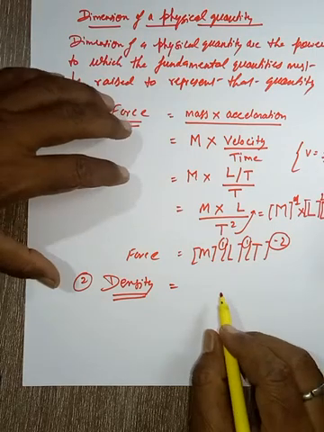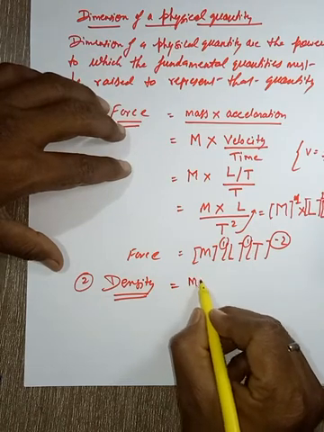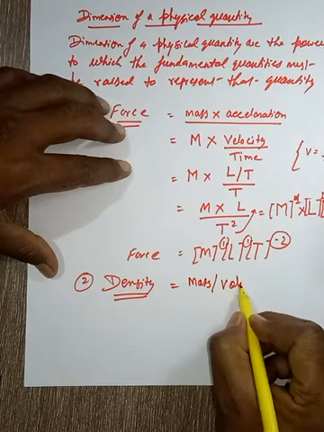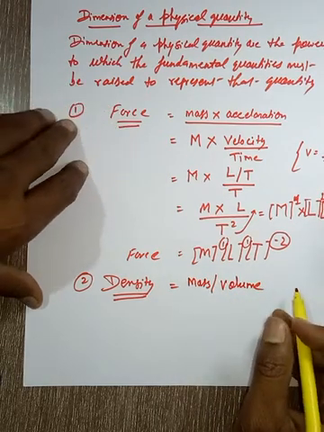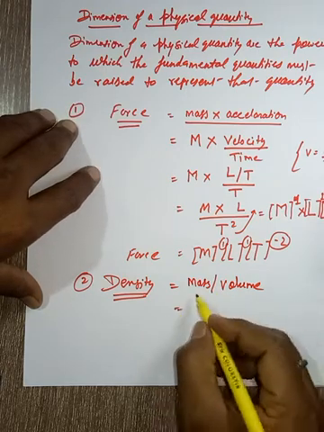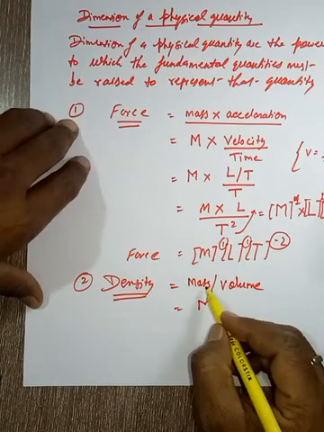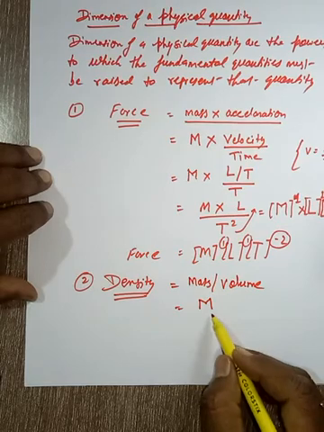Yes, it is nothing but mass upon volume. Now again proceeding with the same idea. For mass we are keeping M. Mass is already a fundamental physical quantity, so the abbreviation used is capital M.